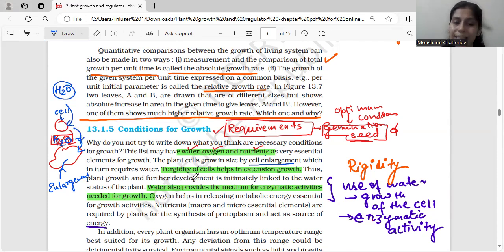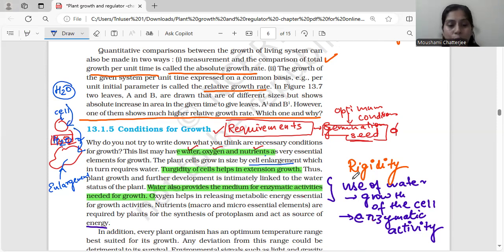So what happens is the turgidity of the cell helps in extension growth. Okay. What do you mean by turgid? Turgidity is nothing but the hardness, or you can say the stiffness which is being provided, and it is going to help in extensional growth. Okay. It helps in extension, or you can say it will help in growth.